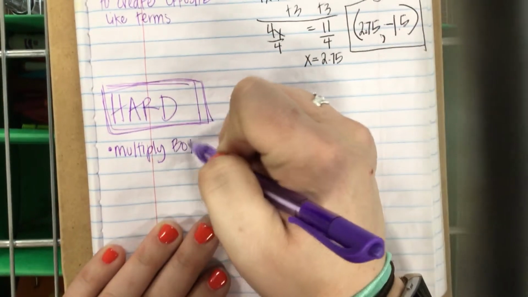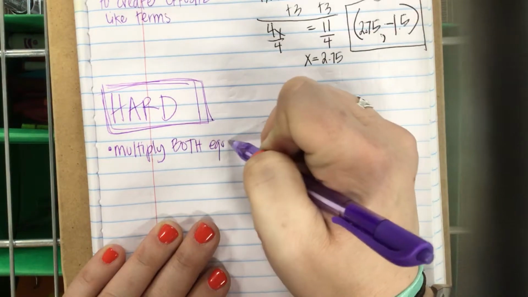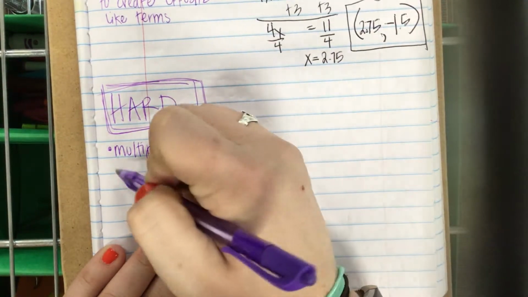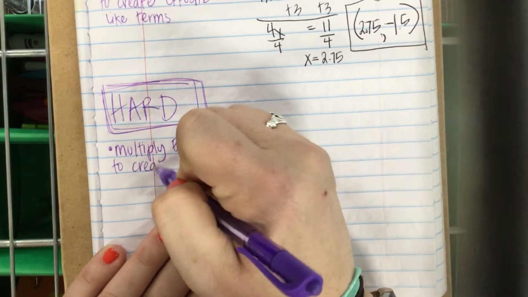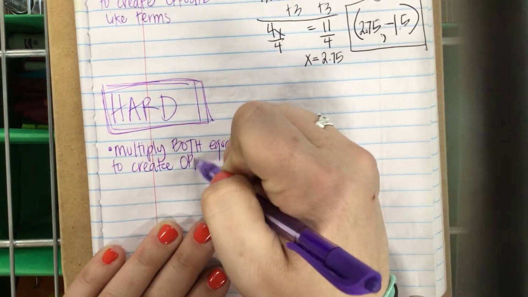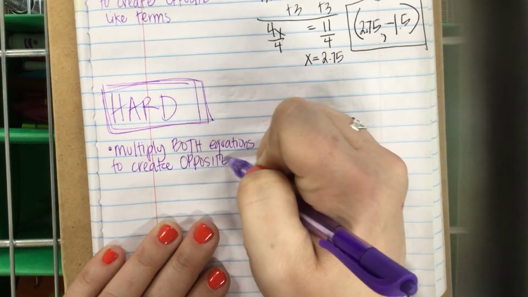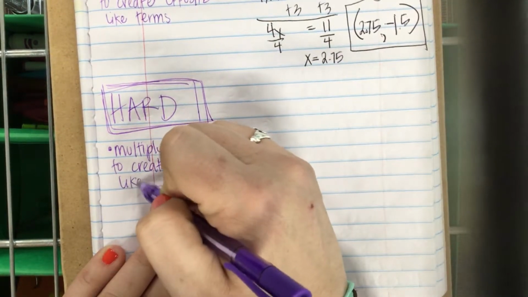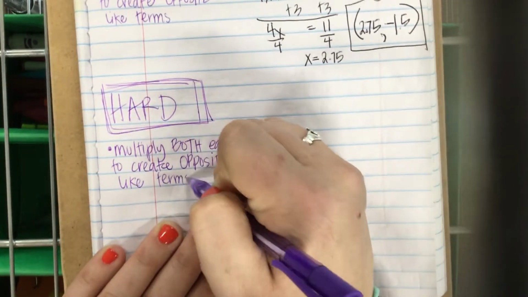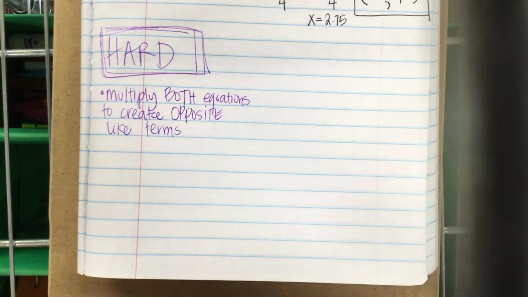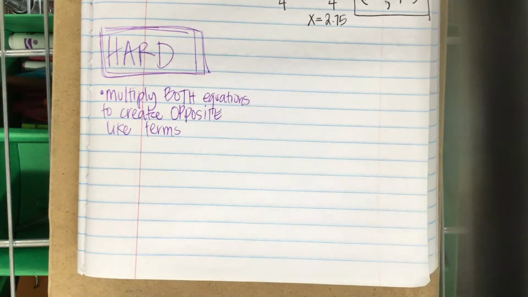Multiply both equations to create opposite like terms. Multiply both equations.